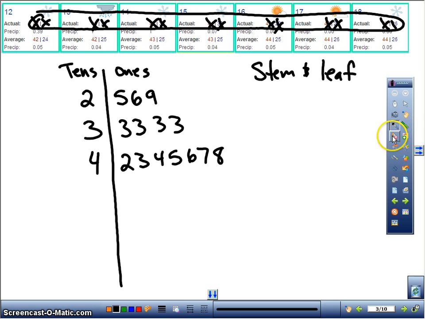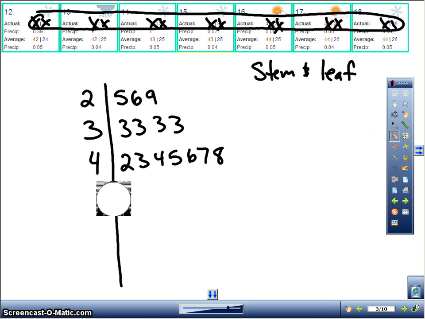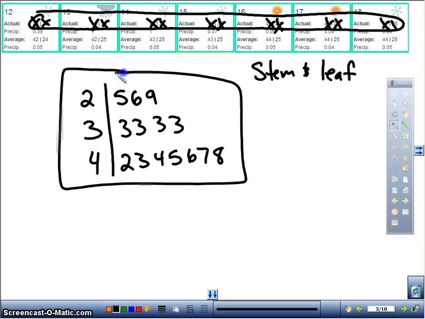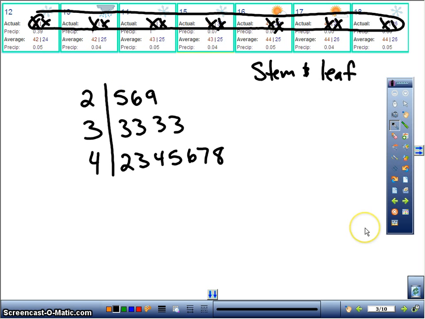So I could turn this in to someone, and I don't need these 10s and 1s on top here. I could turn this plot in right here and say, hey, here's the weather for this past week. And someone could interpret this chart right here and know what all the temperatures were. Now, you do need to add a key for this one so that they can interpret it.